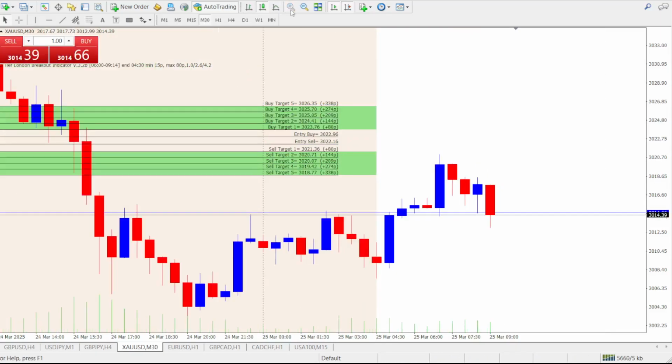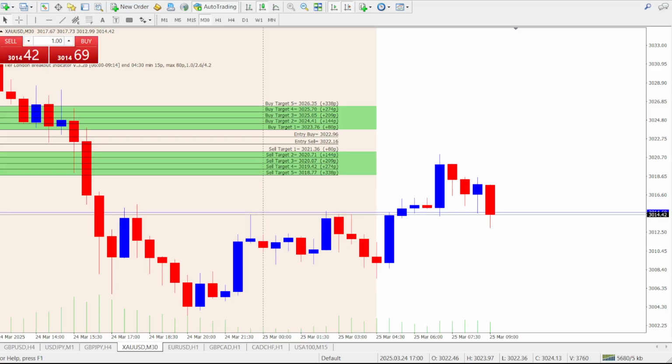If you look closely, you can see buy target 1, buy target 2, buy target 3, buy target 4, buy target 5. You can see entry for buy, you can see entry for sell. And then you can see sell target 1, sell target 2, sell target 3, sell target 4, sell target 5.